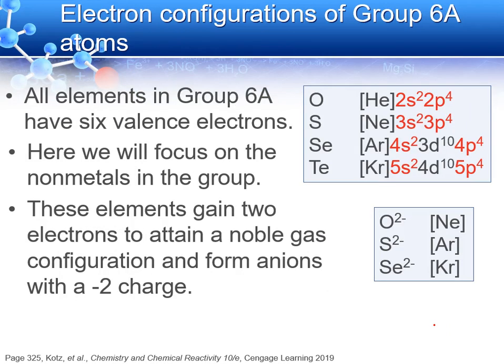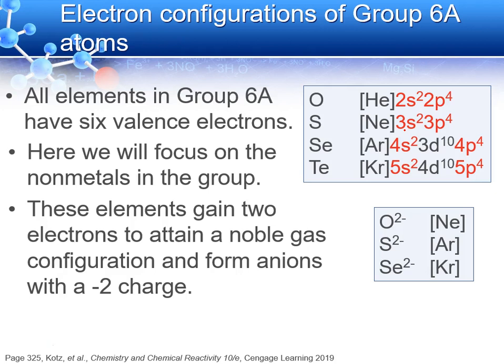What about group 6? Here I've decided to focus just on the nonmetals. Nonmetals gain generally. If I have oxygen and sulfur, you can see that if I gain 2 electrons, oxygen will go from helium 2s2 2p4 to 2s2 2p6, which means it's an O2-, and now it looks like neon. Whereas sulfur is 3s2 3p4.